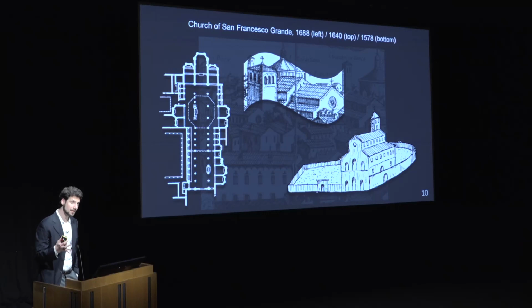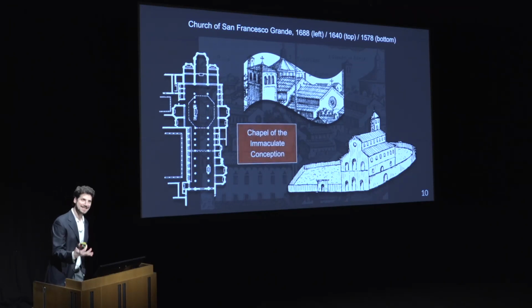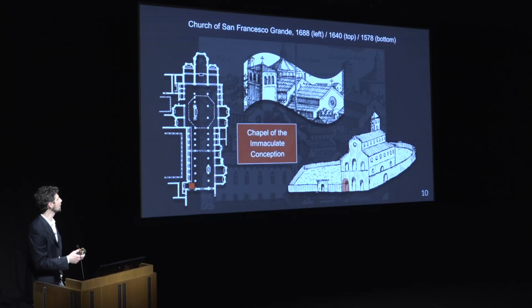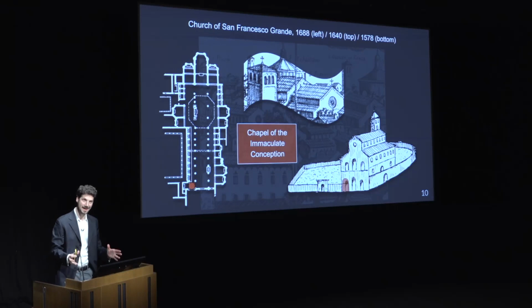So it's a bit difficult for us to understand even the original location of the Virgin of the Rocks. But judging from what we can understand from the documents, we know there was a separate chapel dedicated to the Immaculate Conception, and it was pretty much located in front of the nave on the left. It was a separate space.